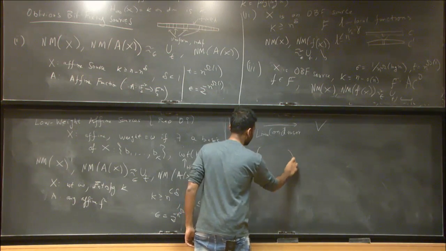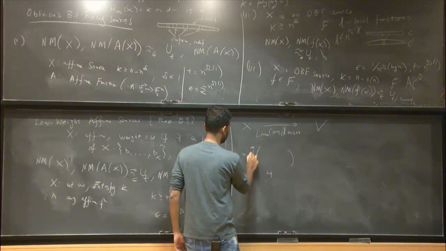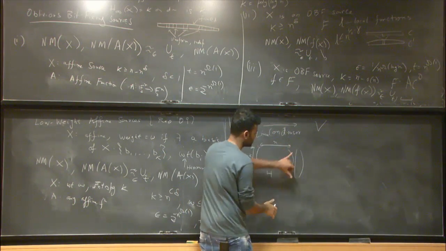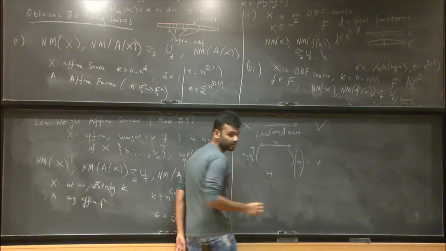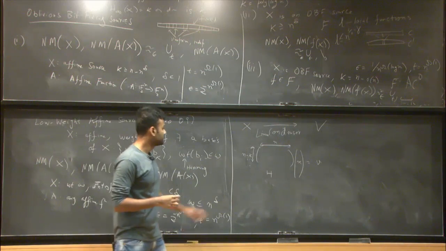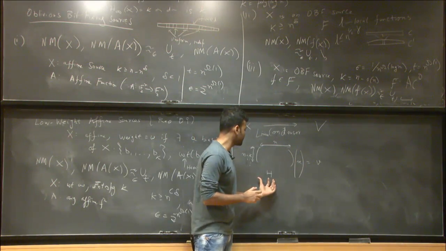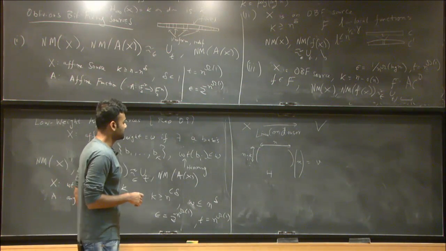If this is the parity check matrix, of dimension n minus k, and this is your string x, you output v. So this linear condenser just multiplies the parity check matrix with x.